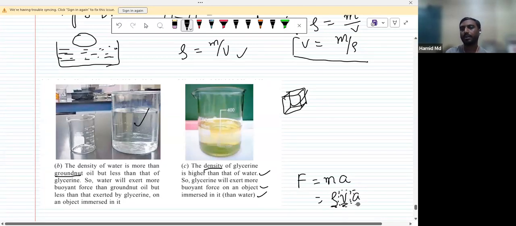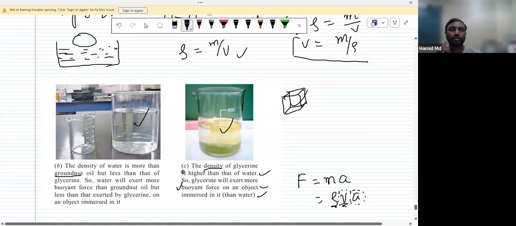We are also putting it in with a constant acceleration, slowly, not changing the acceleration. So the force depends on the density of the liquid only. If density is more, the force exerted will be more.